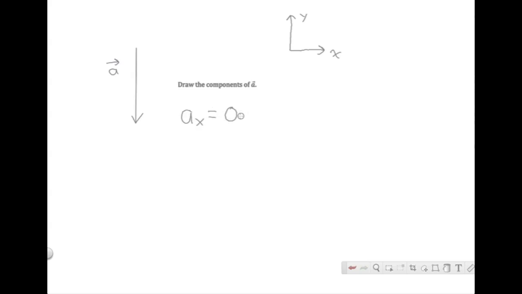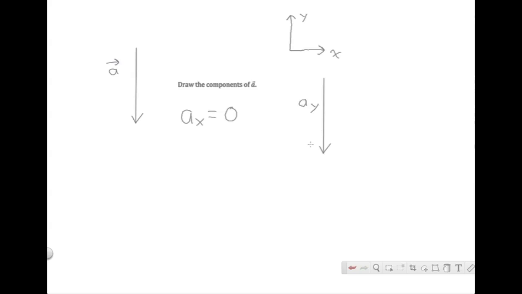So the x component is 0, and there's no way to draw it. And that means that the overall vector also represents the y component. So I'll say that that same vector also represents the y component.